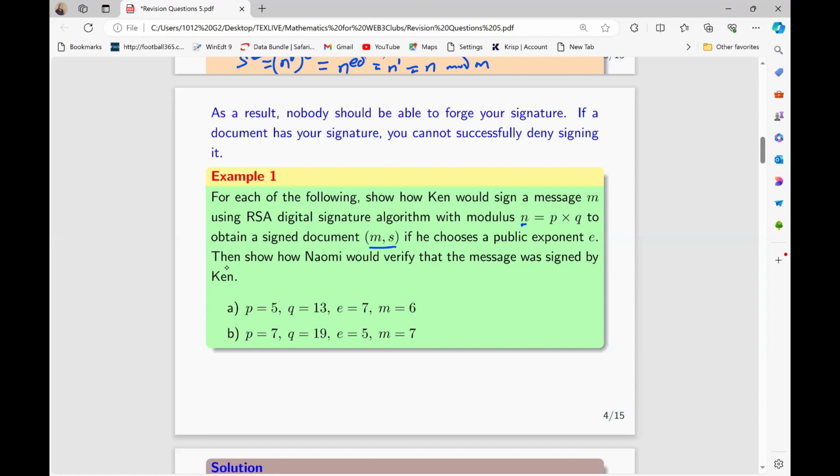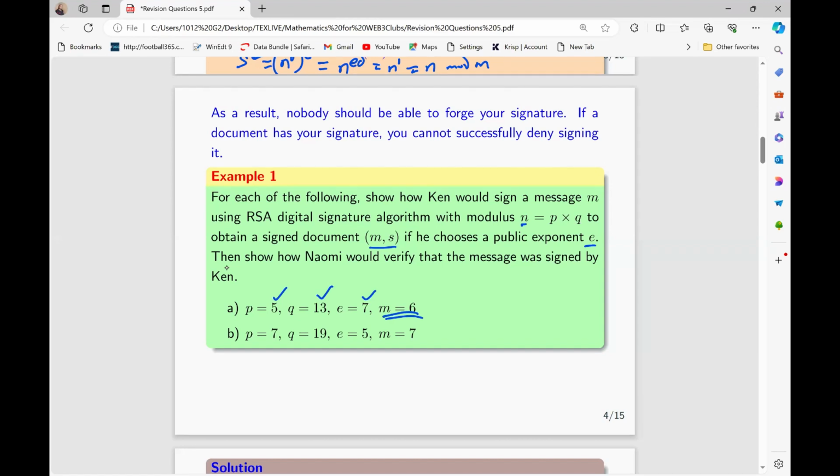And we have been told that Ken chooses a public exponent E. So in part A, Ken has chosen P to be 5 and Q to be 13. And then he has chosen E to be 7, but the message he has to send is 6.